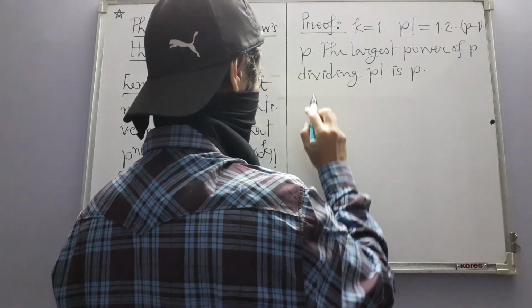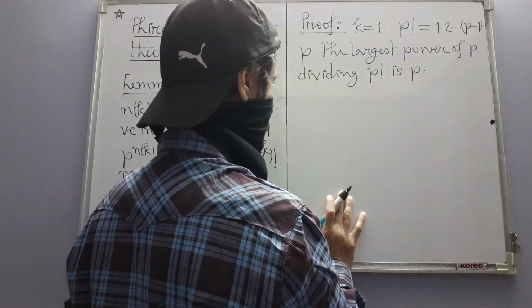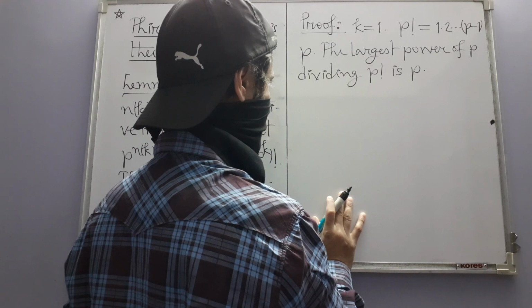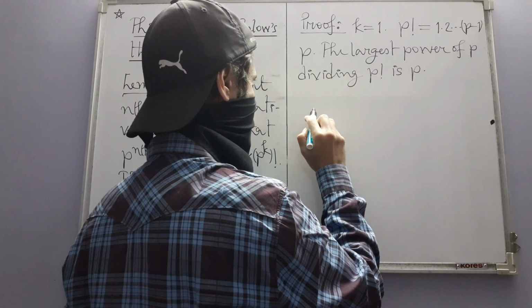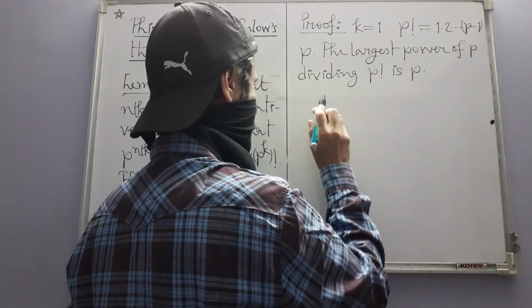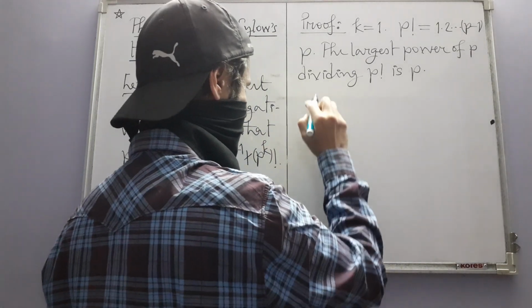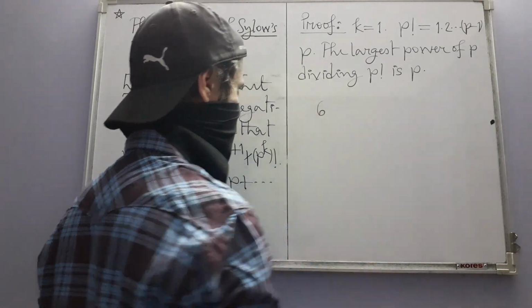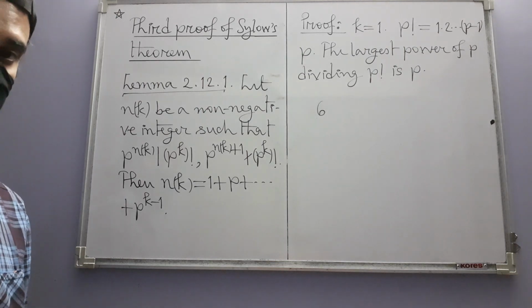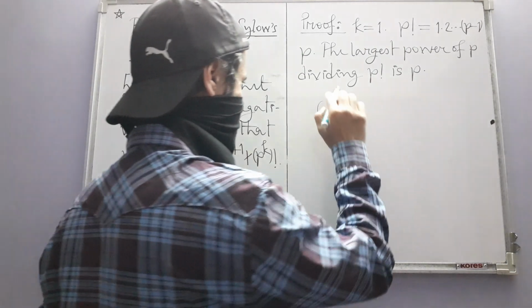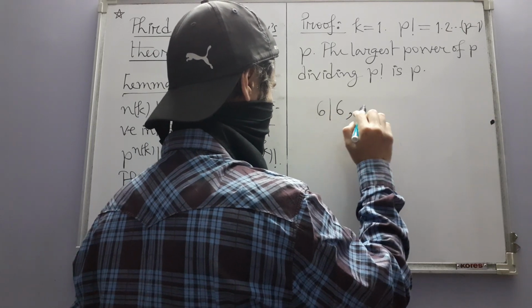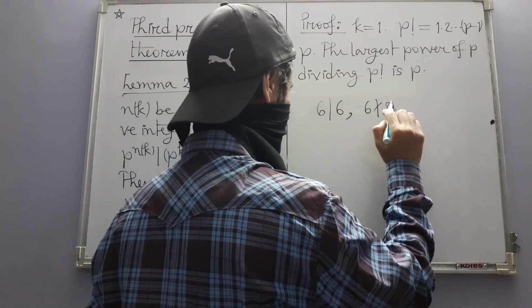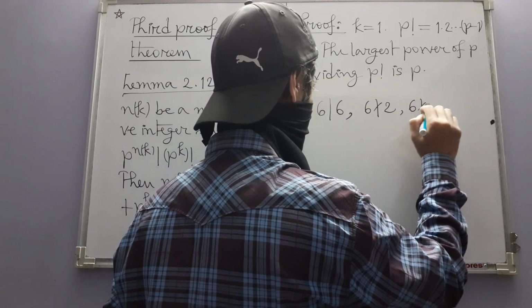That's because, what example should I give here? Suppose you consider the number 6. 6 is not a prime, 6 is a composite number. 6 divides 6, but 6 neither divides 2 nor 3.